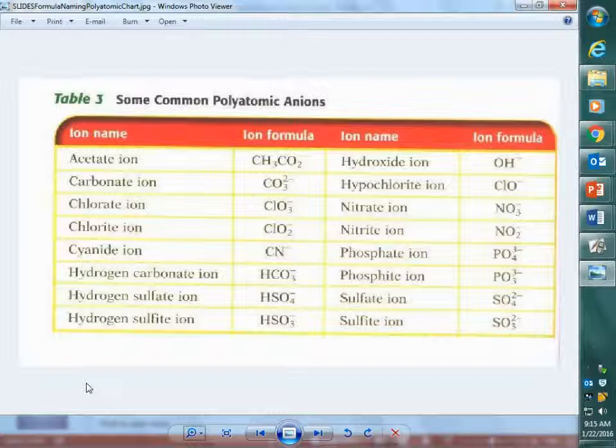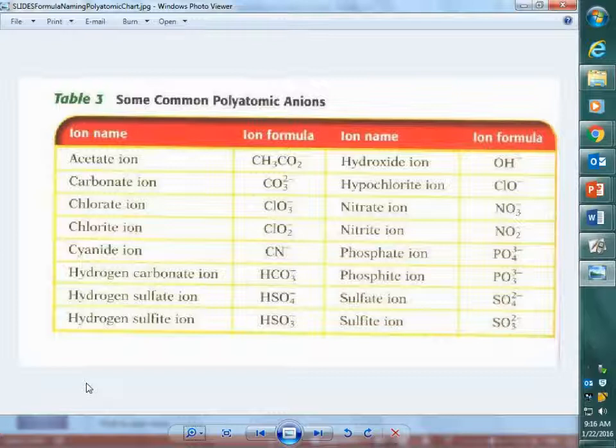Okay? All right, so what do we do with these things? Once we have these ions that are formed, the extra electrons that they picked up make everybody happy, stable, 8 valence electrons. But it leaves them with a charge. And if they're negatively charged, what are they attracted to?